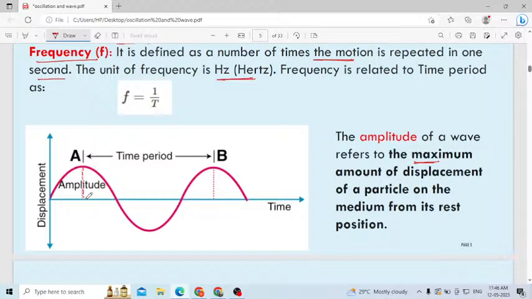You can observe this is the maximum displacement of a particle on the medium from its rest position. This is the mean position, the rest position. How much maximum displacement of a particle in the medium, that we consider as the amplitude. In simple words, the height of a wave is nothing but the amplitude.